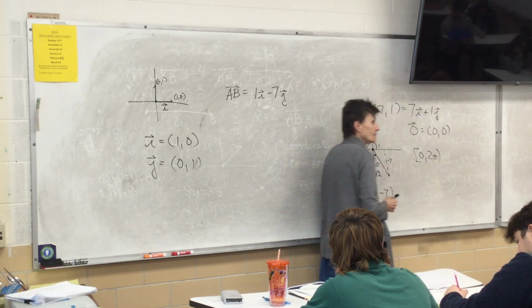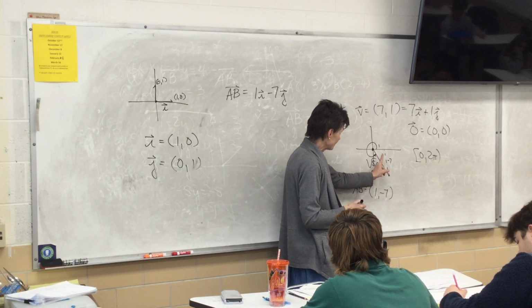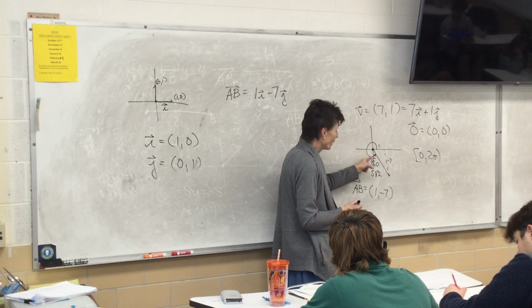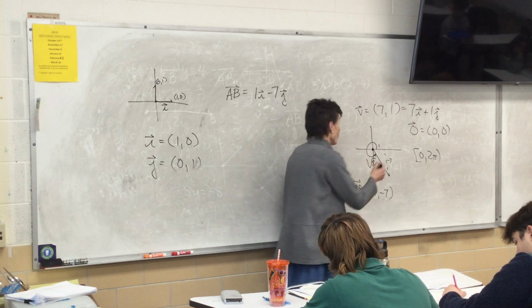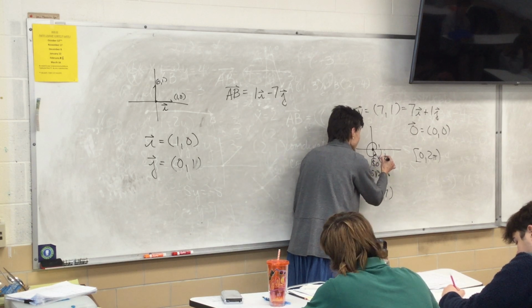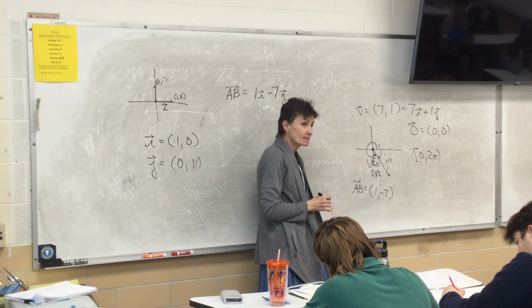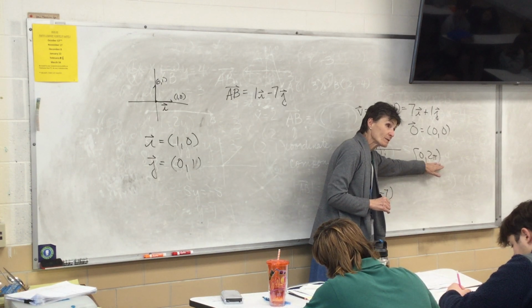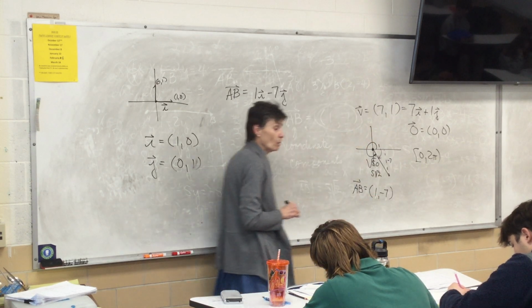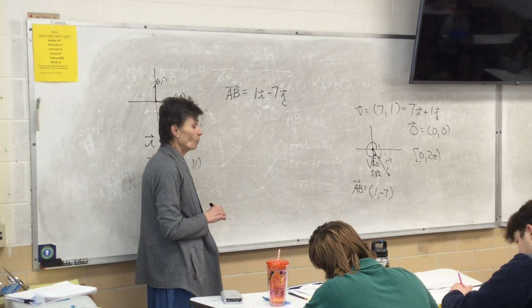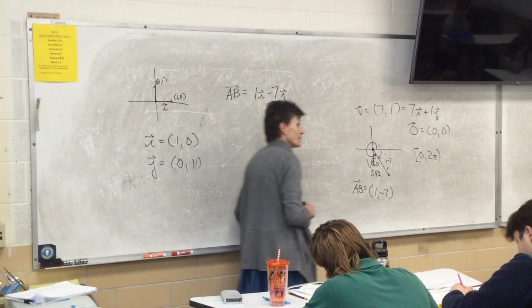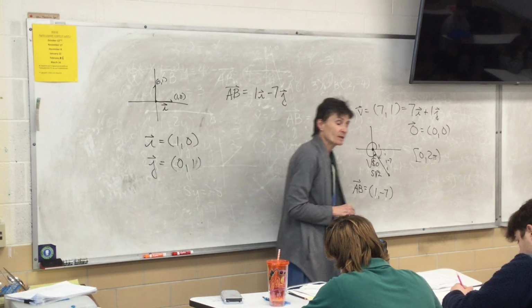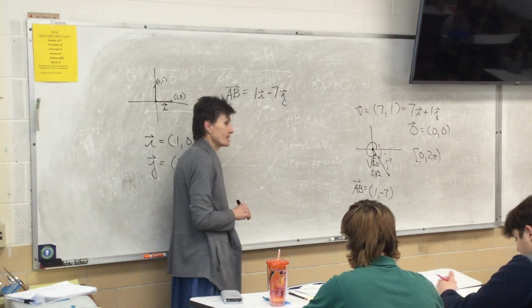So to get this vector, we would have to go all the way around. Now, would this also be a possibility? Yes, but almost always you're expected to do it this way. So we're going to use the positive one. So what's the direction angle? The angle the vector makes with the positive x-axis.